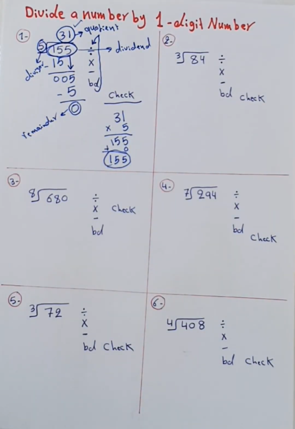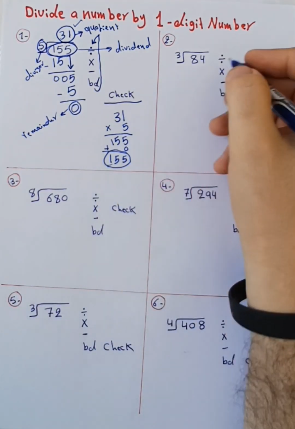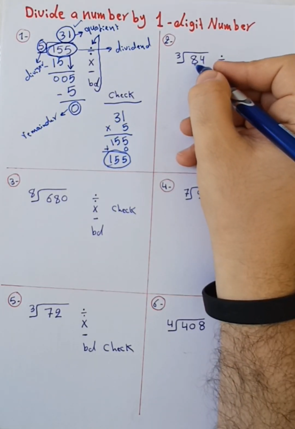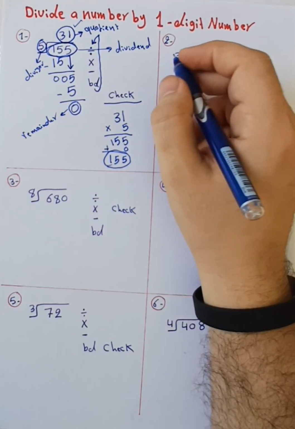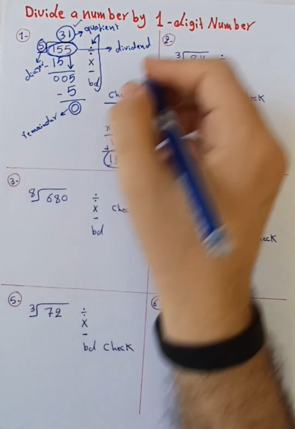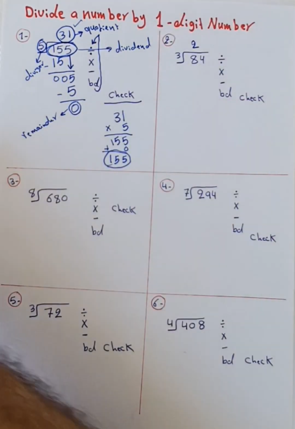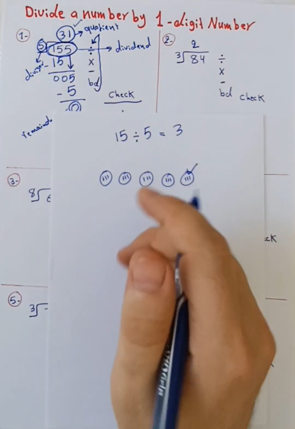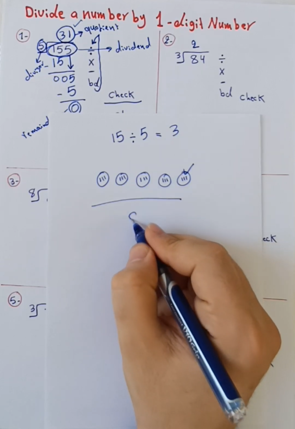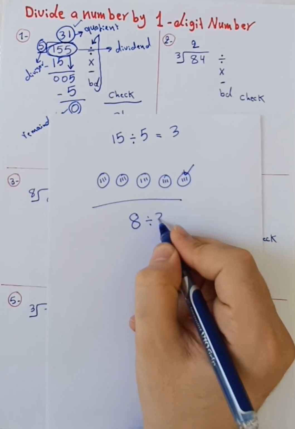Example number 2, we have 84 divided by 3. The first step we have divide. So 8 divided by 3, it means how many 3s are in 8? We have 2. If you don't know the multiplication table, you can use this way: 8 divided by 3.